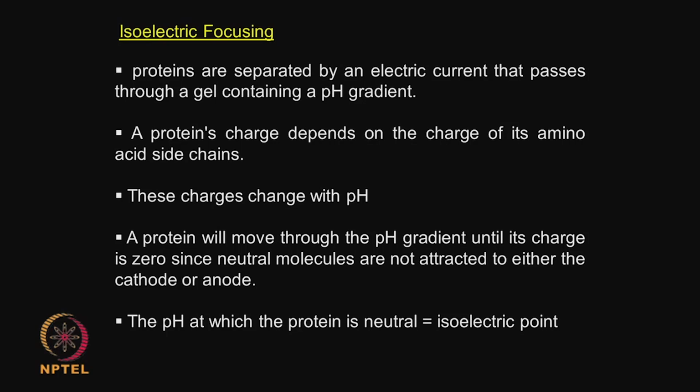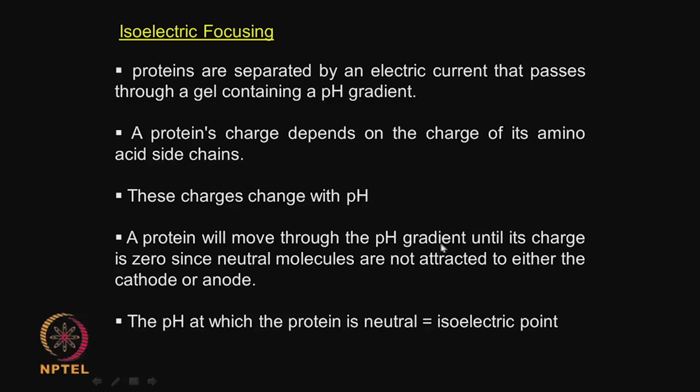Then comes isoelectric focusing. We all know what the isoelectric point is, right? The pH at which the protein completely loses all its charge. The protein passes through a gel containing a pH gradient. The charge on the protein depends on the amino acid chains, and these charges change with pH.